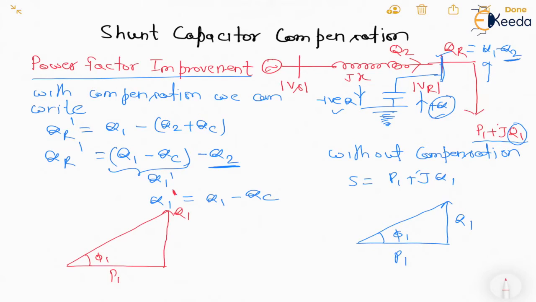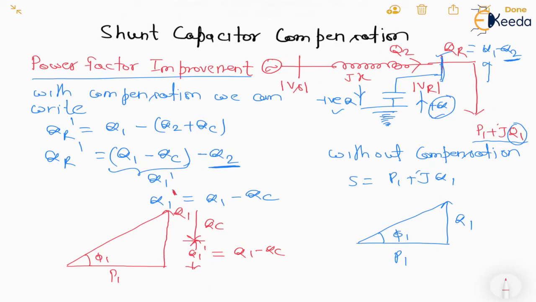Q1 is positive, so it is upward. When we represent the QC, QC will be downward like this. This is QC. So Q1 minus QC will become equal to Q1 dash.